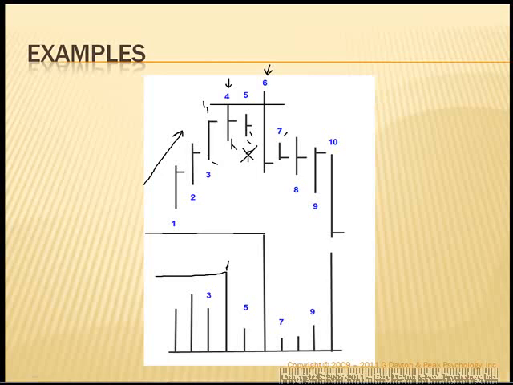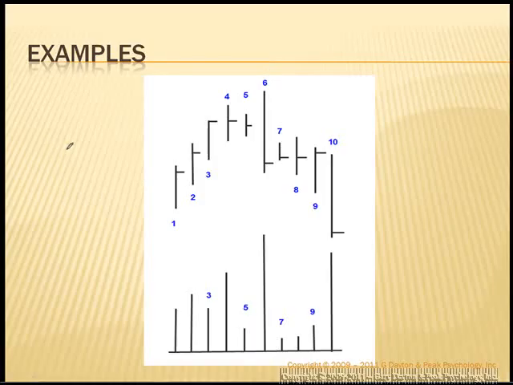I'll erase some of this so we can see. Narrow spread, right? It's almost the same as bar 5, it looks like. And it's an up bar. Good. I'm glad you caught that. A lot of people don't get that. They say, well, it's closing down on its lows, so it must be a down bar. No. It is an up bar, right?